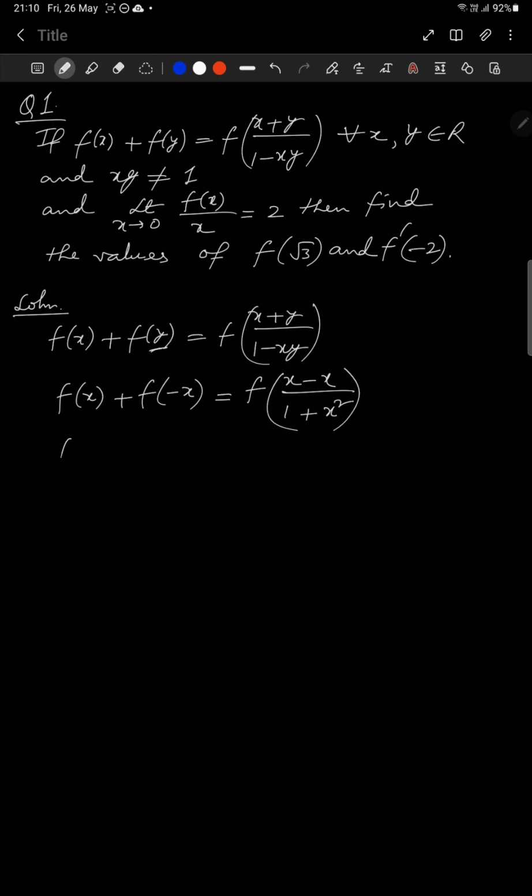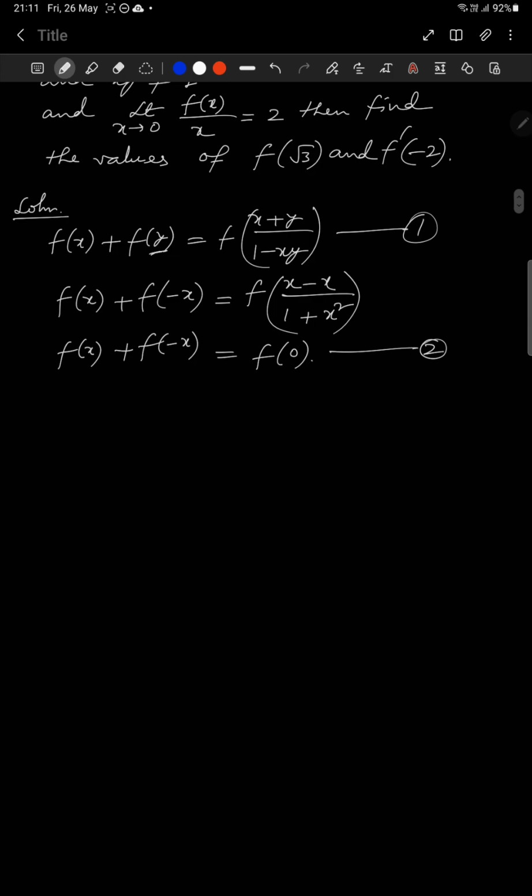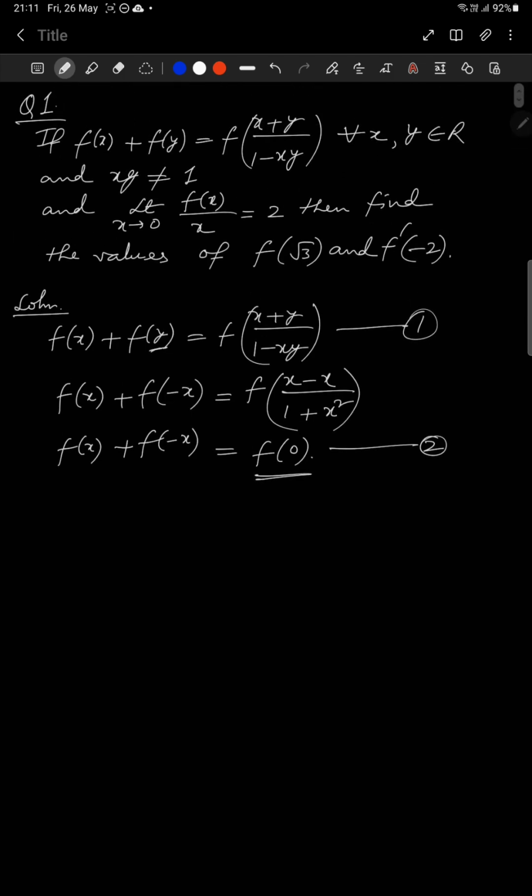This remains as it is, f(x) + f(-x), and in the right hand side we are left with f(0). Let this be equation number 2, and the given one equation number 1. So what we are getting over here is f(0). Let us try to get that f(0) from equation number 1.